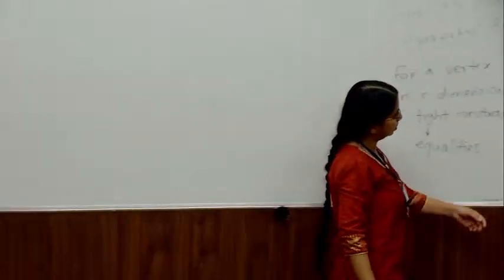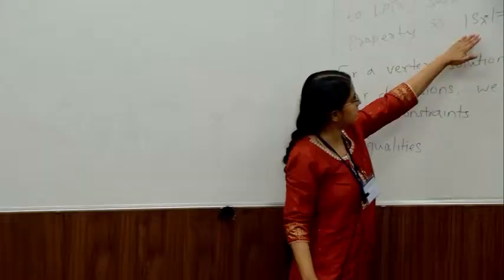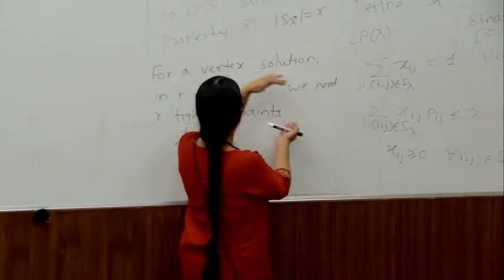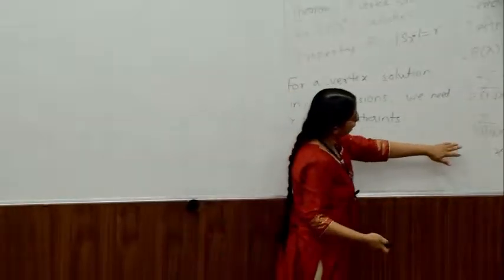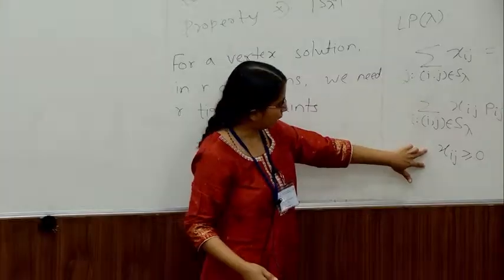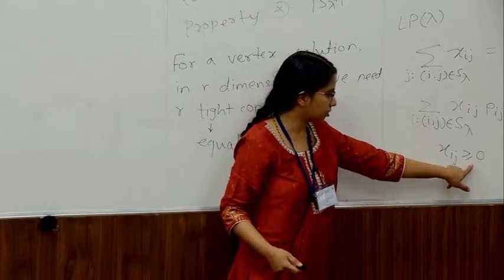Is this claim clear from what I said? Again, our LP is in R dimensions because we have R variables. M plus n tight constraints can come from here to define a vertex solution. The R minus m minus n have to be equalities from this part. So R minus m minus n many variables have to take 0 value.